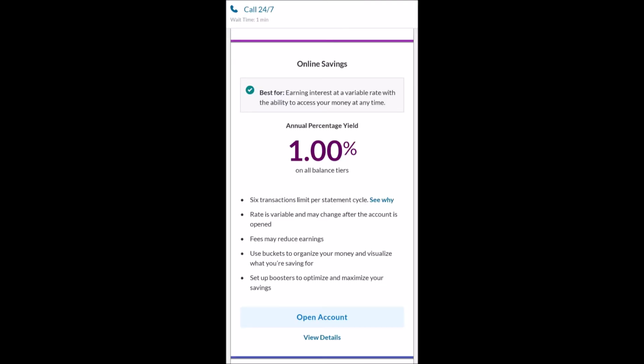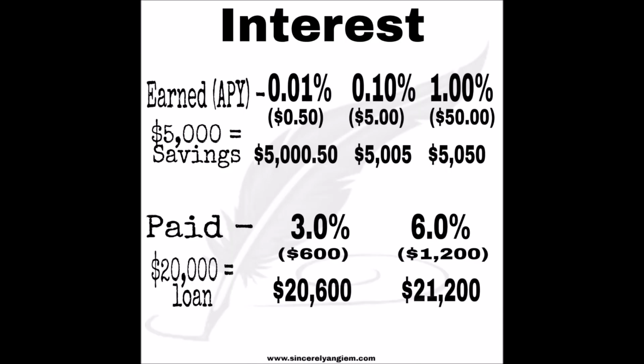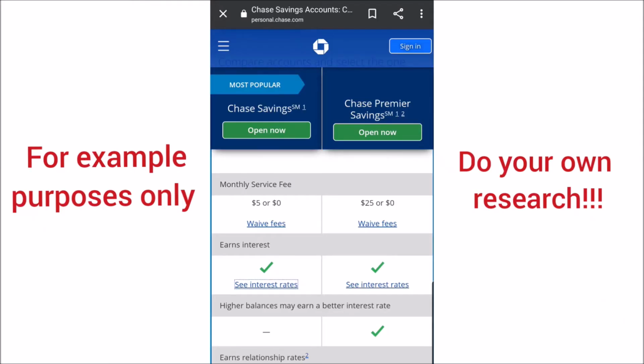But this particular account has 1.0% on all balances, so I would definitely be interested in looking deeper into this account. This is the screenshot of what I showed you earlier, what the interest is on 0.01% versus 1.00%. Keep in mind, you guys.